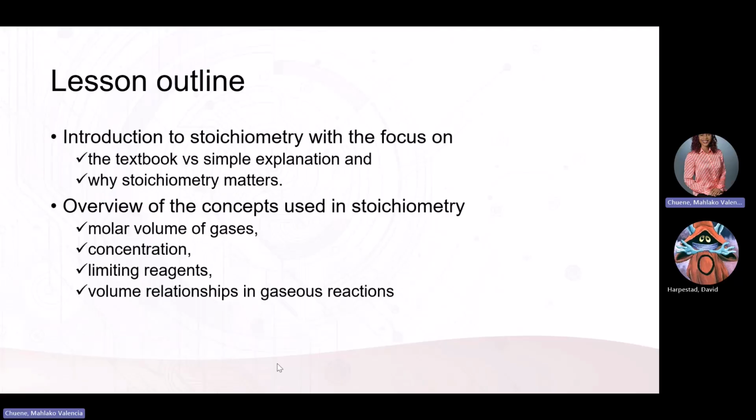And then we're going to look at the overview of the concepts used in stoichiometry in line with what is said in the CAPS, that is the molar volume of gases, concentration, limiting reagent, and volume relationships in gaseous reactions. And then from there, we will be working on examples as we go along, and we'll obviously wrap up with a recap of what we have done.